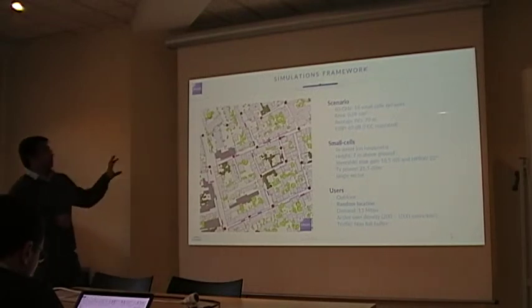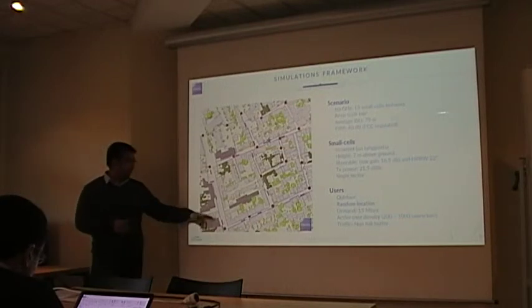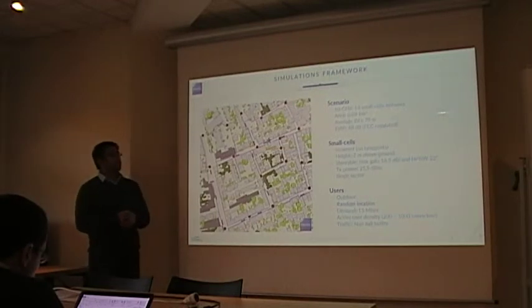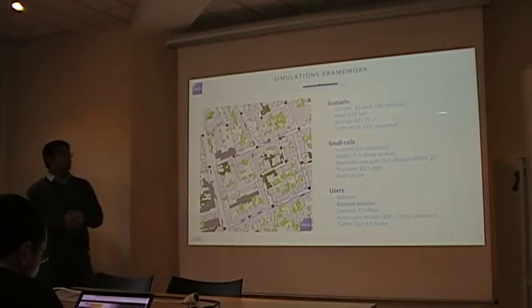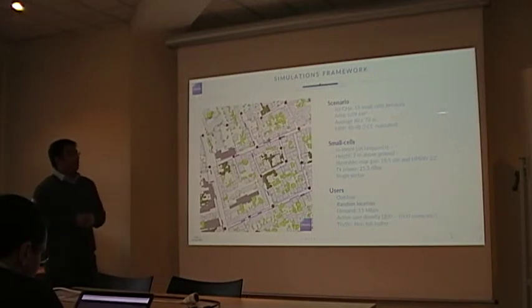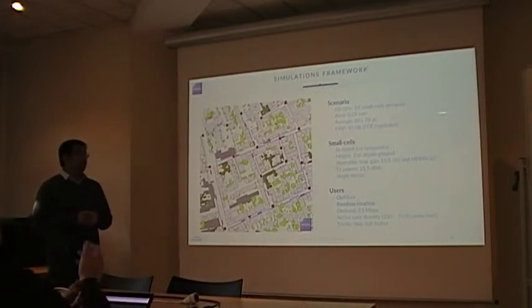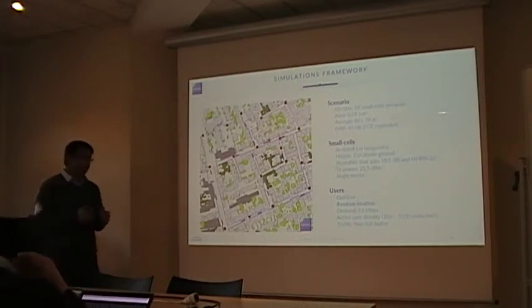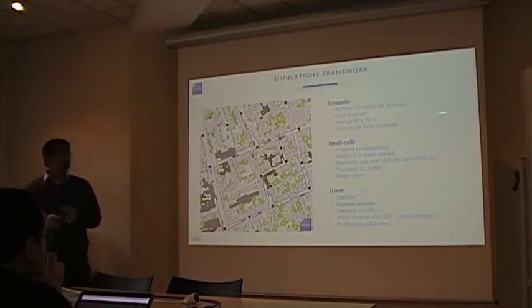So the area is about 0.09 square kilometers, with an average inter-site distance, the distance between two small cells, of 78 meters. Of course, the red dots are the small cells. The ERP is 40 dB, it's fixed by FCC. All the small cells are located on lampposts in the street at 7 meters above the ground. All the antennas have steerable maximum gain of 18.5 dBi and half power beam width of 22 degrees.